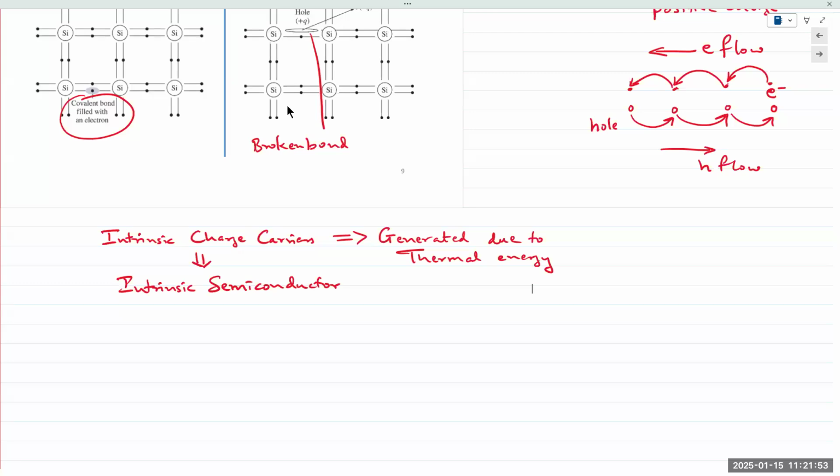So every electron that moves out, we have a hole that is generated. So electrons and holes are balanced, and a state of equilibrium exists. It is referred to as thermal equilibrium.